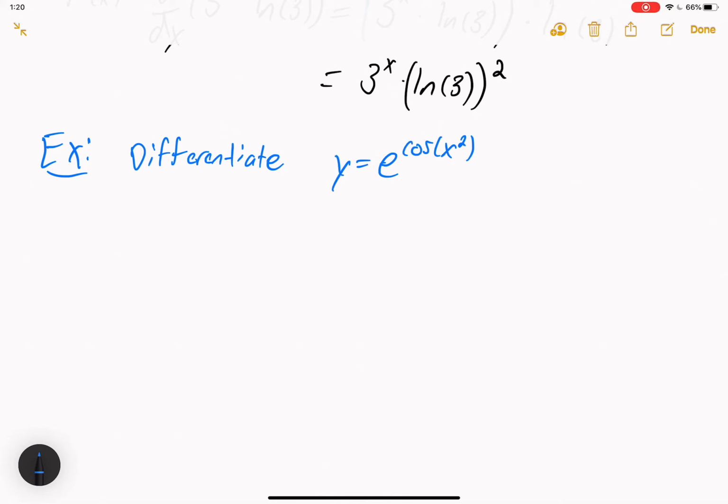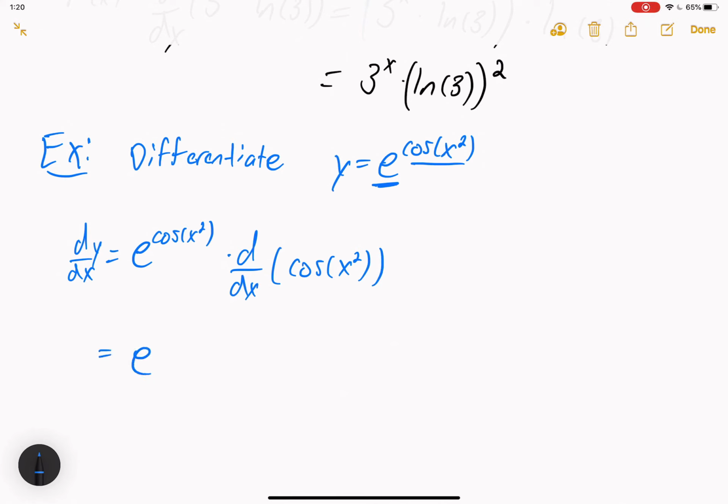So remember what I said above, that from the chain rule we work from outside in, and that's basically what we're going to be doing. So we get dy/dx is going to equal the derivative of the outside, e to the x, evaluated at the inside, so cosine of x squared, times the derivative d/dx of the inside, so cosine of x squared.